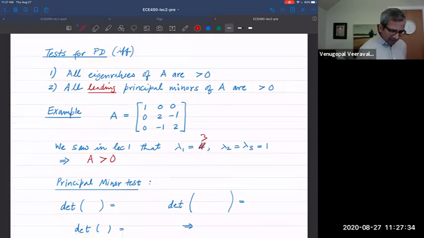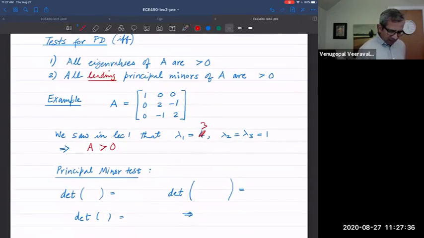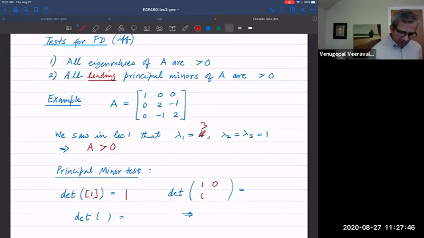But you can also look at the principal minors. You look at the determinant of the first principal minor, which is just 1, and then you take the determinant of the 2 by 2 matrix with 1, 0, 0, 2, and that's 2, which is also positive. And the determinant of the whole matrix, which was equal to 5, I think, which we saw last time.